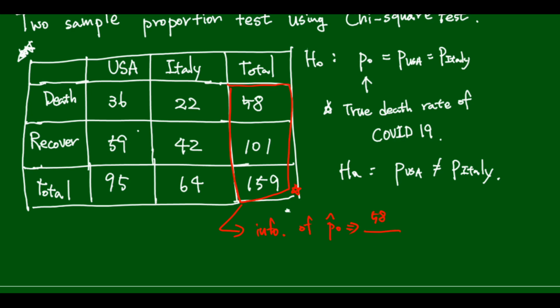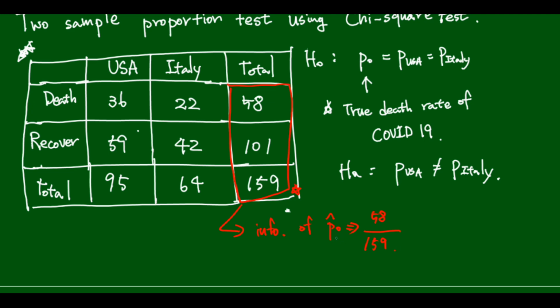58 divided by 159, because we have observed 58,000 people who have died from COVID-19, and our total observation number is 159,000.